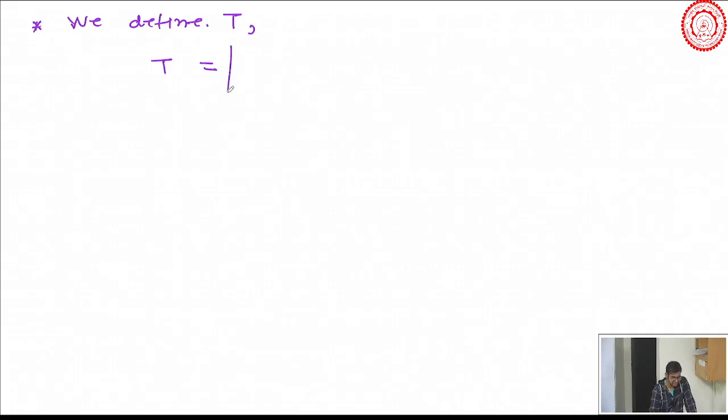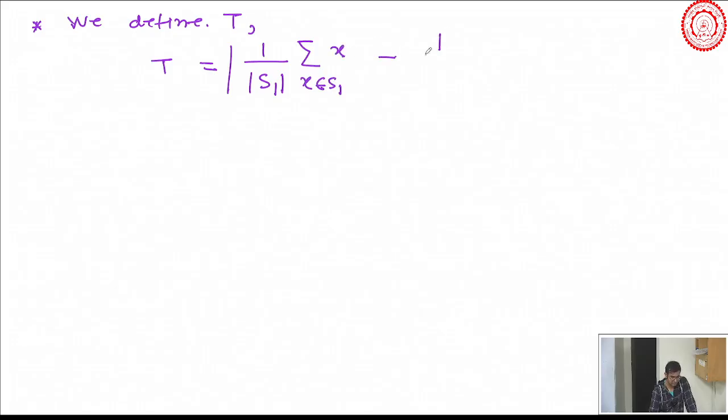T is 1 by cardinality of S1 times the sum of x belonging to S1, x, minus 1 by cardinality of S2 times the sum of x belonging to S2, x.